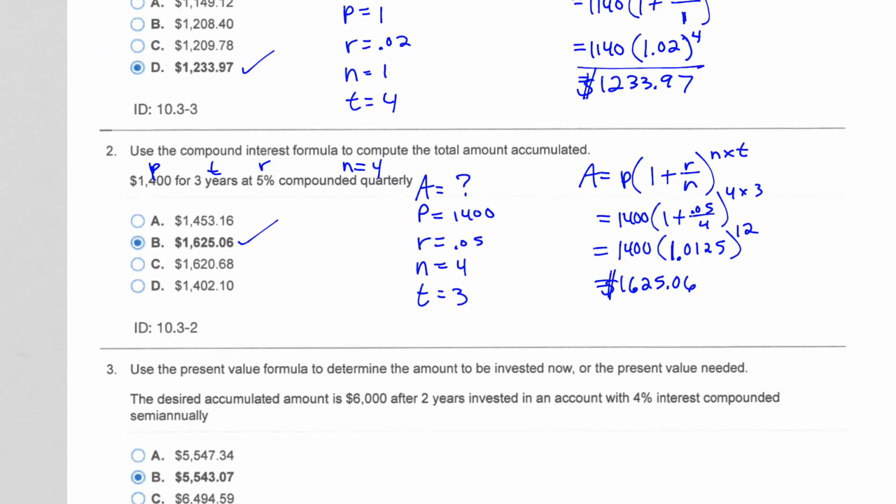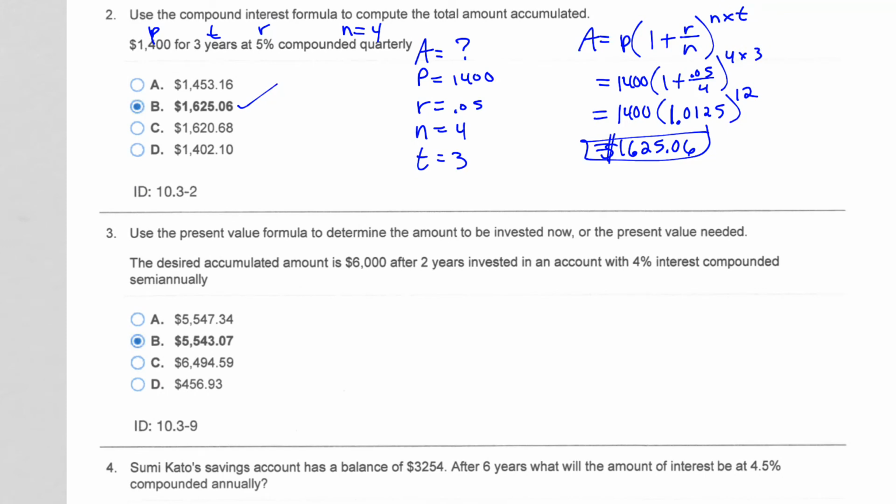Okay, so this time we have a slightly different question. It says use the present value formula. Now you don't have to use this formula. You can keep doing it the way you can use the A formula and just divide at the end.